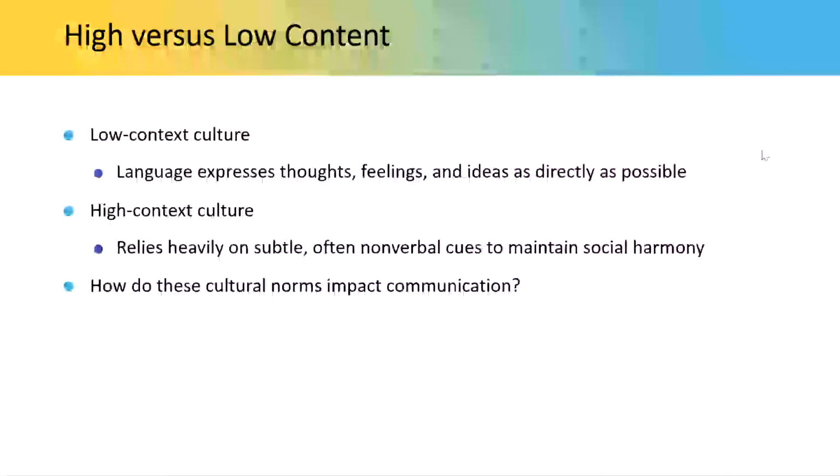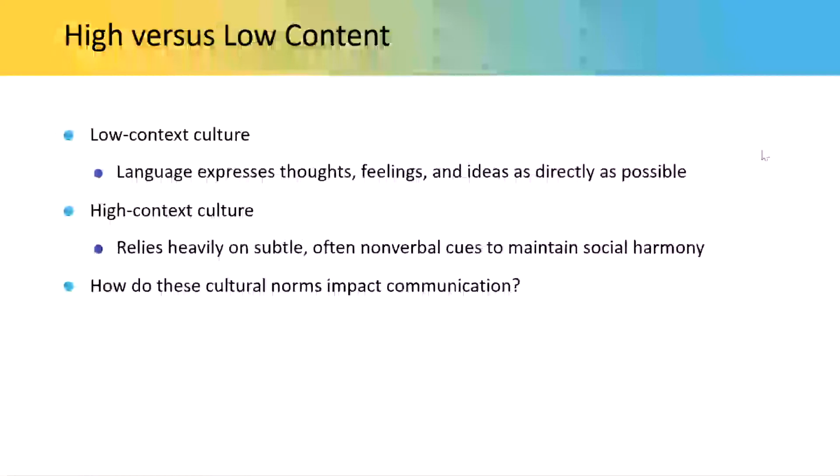So we use the word context, but I don't know that we always really understand what that means. A low context culture is a culture that does not pay a lot of attention to the context. It has a low regard for the context. So people in this culture will use language very directly. They will express their thoughts, feelings, and ideas directly. They feel that it's virtuous to get to the point quickly, that if you don't, you're somehow being dishonest.